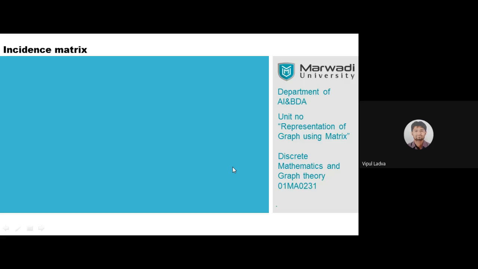I'm waiting for your answer over the chat box. In the case of incidence matrix, what will we be using to label rows and columns of that matrix? Edges, is it? Yes.